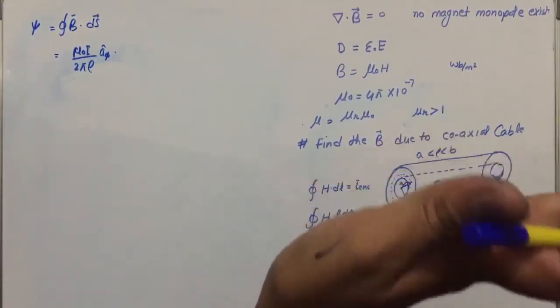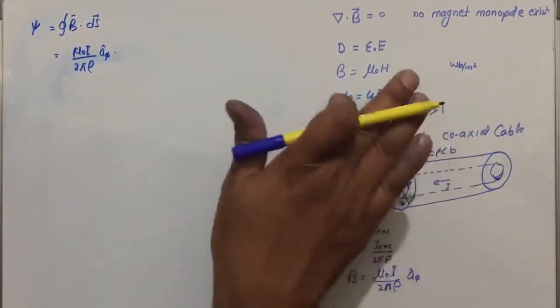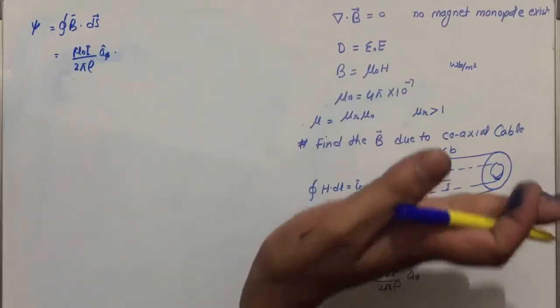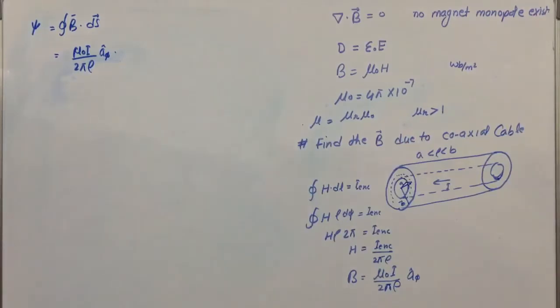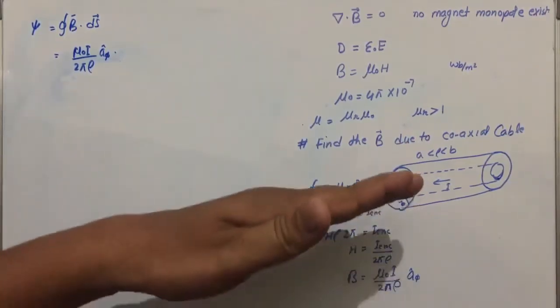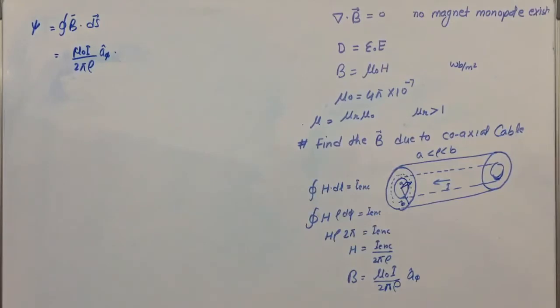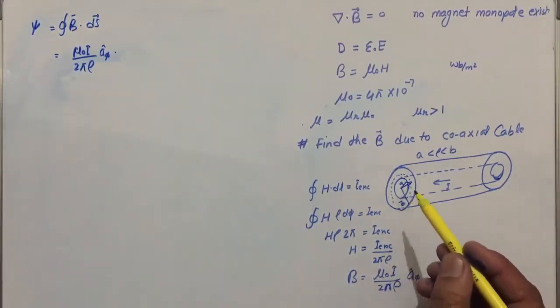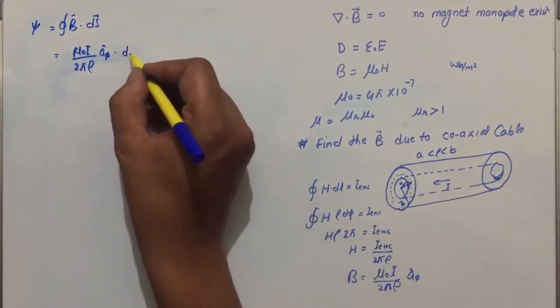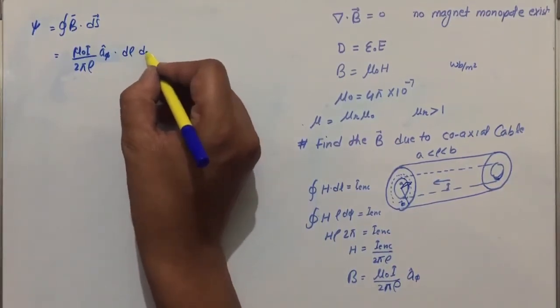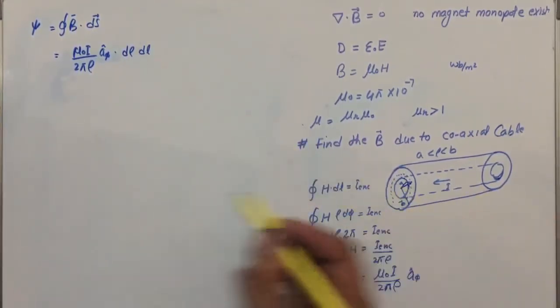Consider a portion like this and the lines that are passing through it. If we consider a portion sliced towards the center, then ds can be written as d rho times dl, where dl is the length of the conductor.